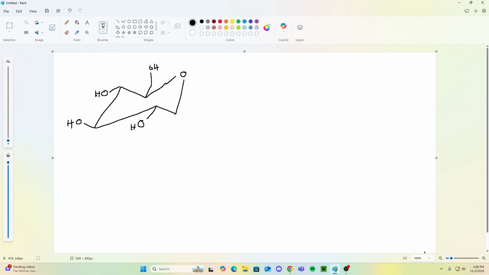But because it's an alpha D glucose, that means the connection between this and the galactose is going to be off of this pointed downwards, because that is alpha D. And galactose, basically everything is the same here.